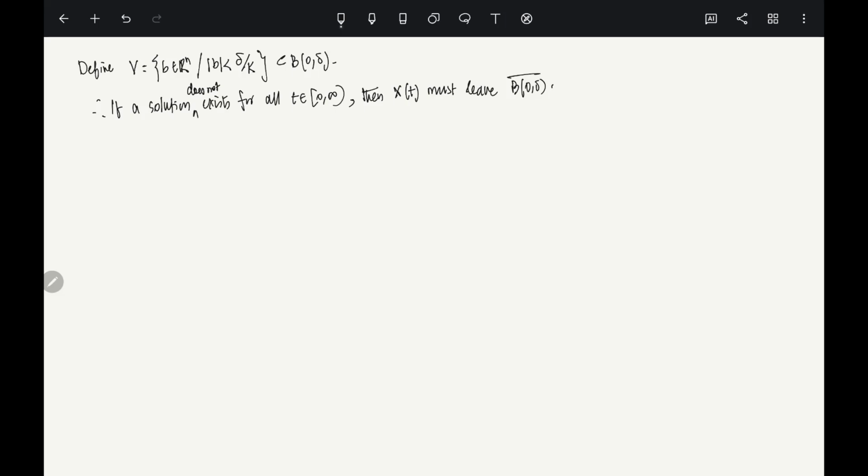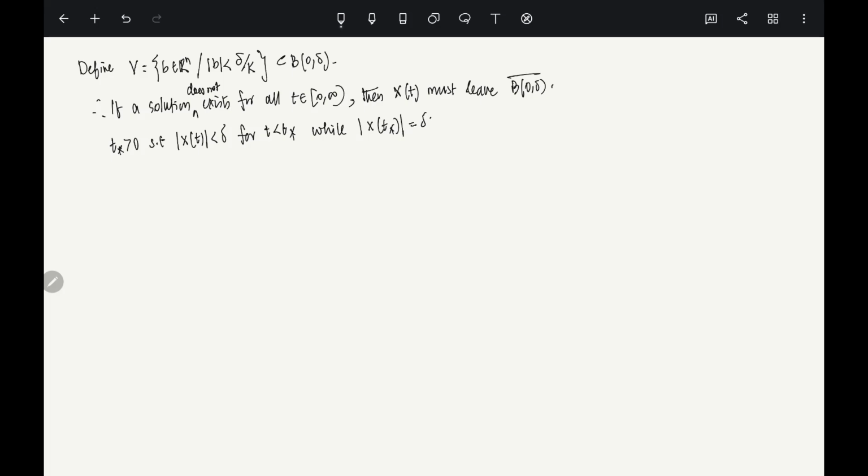See, this is where we are actually going to find a contradiction. So we are assuming that there is a t star positive such that mod x of t is less than delta for t less than t star, while mod of x of t star equals delta. Is it okay? So what we are saying is this: up till t star, for all t less than t star, x of t is within the ball.